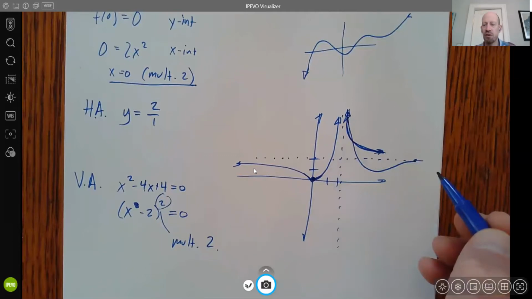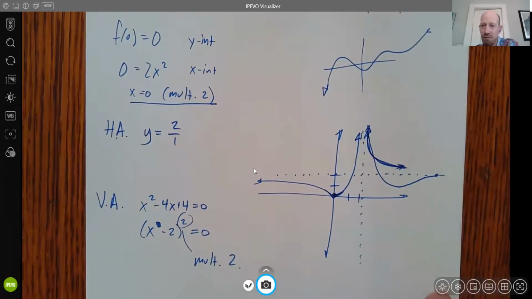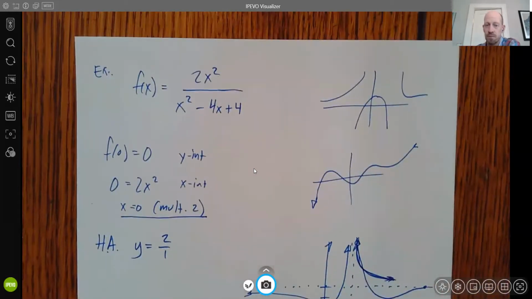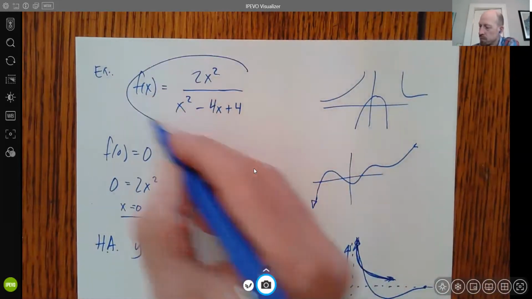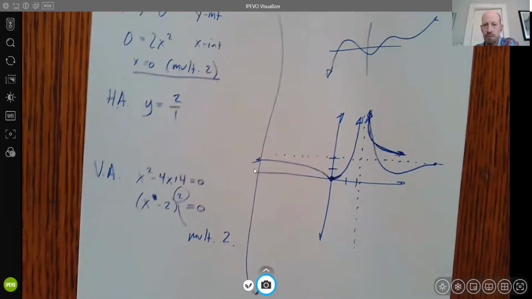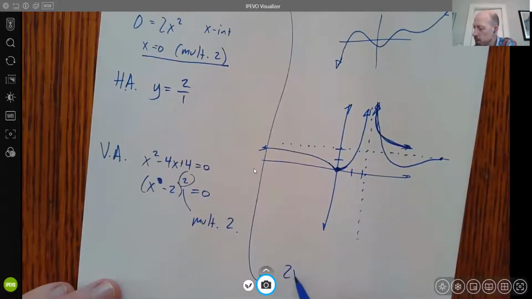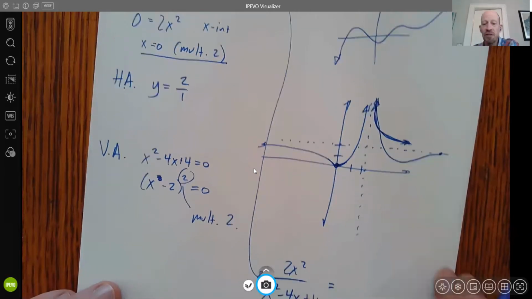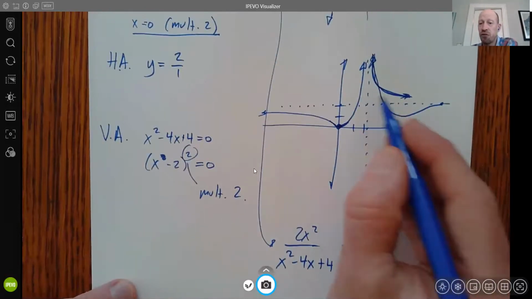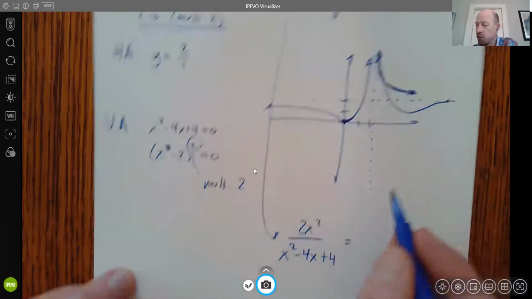It turns out that we can actually figure out if it crosses the horizontal asymptote. It crosses the horizontal asymptote if this function value ever equals 2, right? Because the horizontal asymptote is 2.